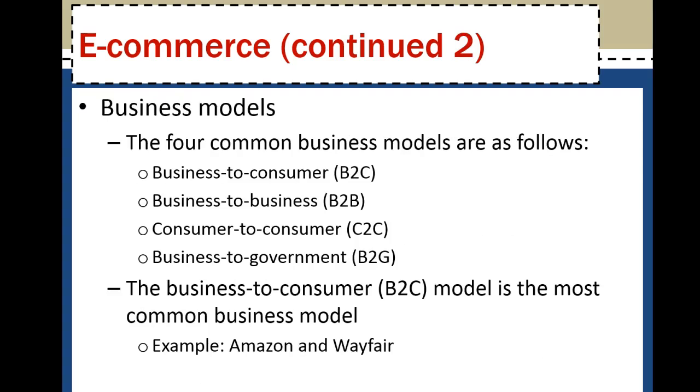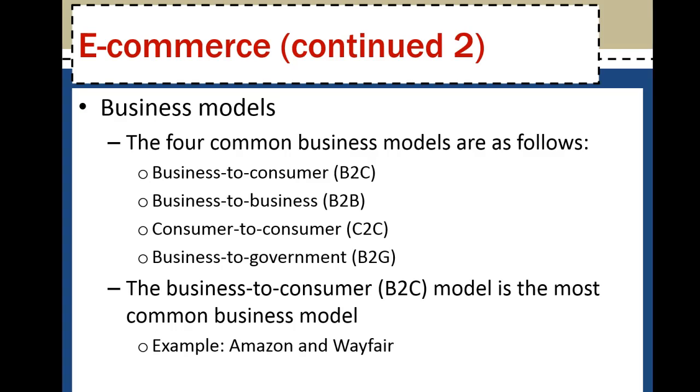We have a lot of business models for e-commerce. There are four common business models: business to consumer or B2C, business to business or B2B, consumer to consumer or C2C, and business to government or B2G. An example of business to business is a wholesale glass manufacturer that supplies glass for a window company.